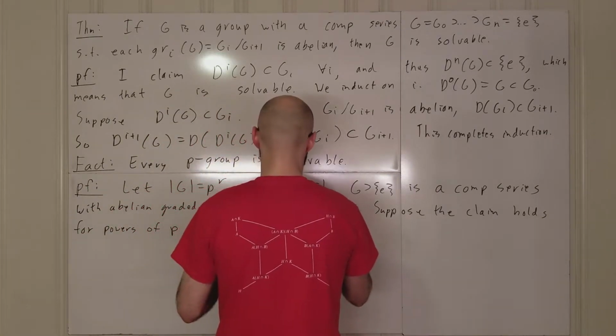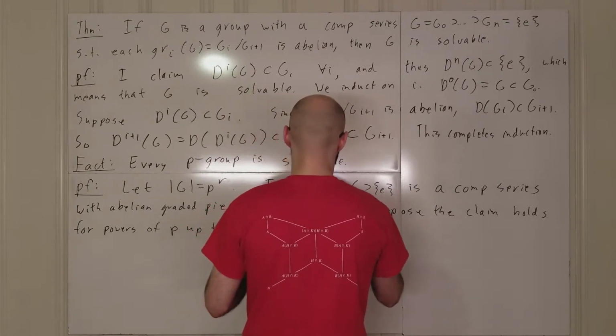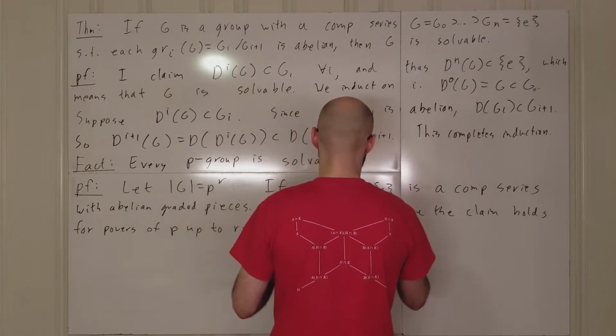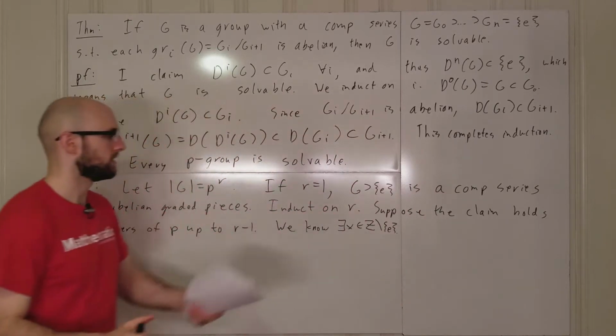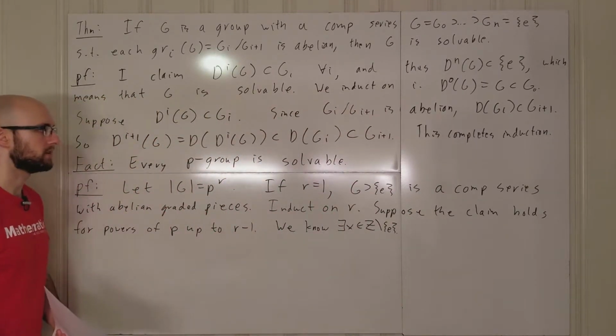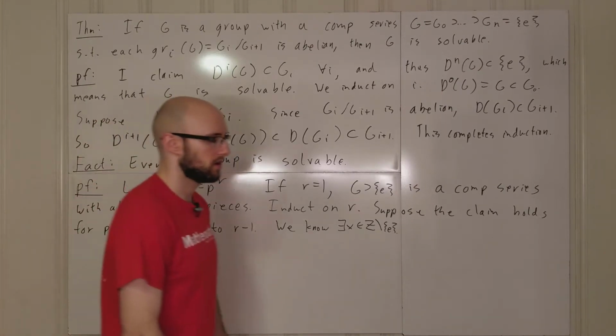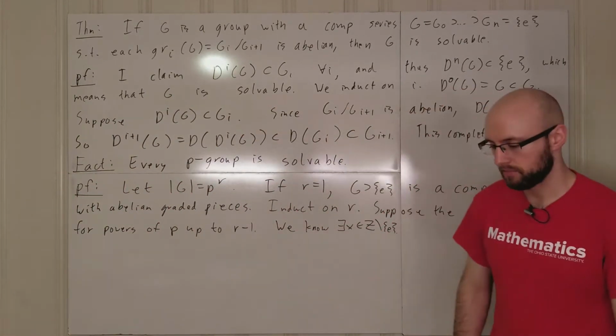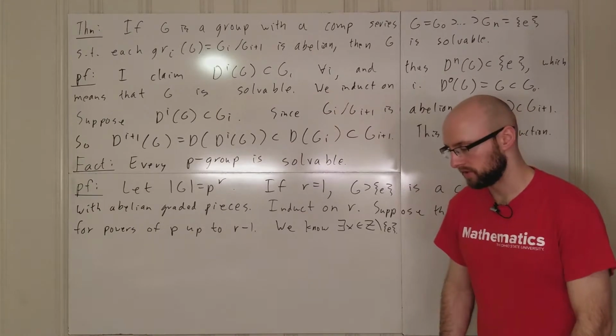Okay, so here we are. We know there exists some element x in Z minus the identity, and that's because any p-group is going to have non-trivial center. And I can't remember if we proved this.